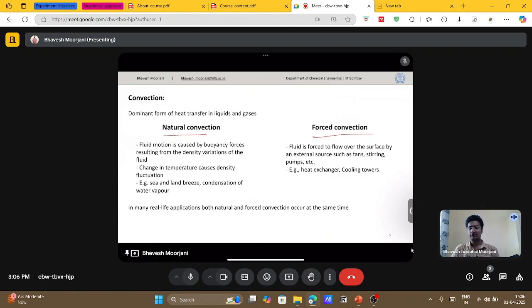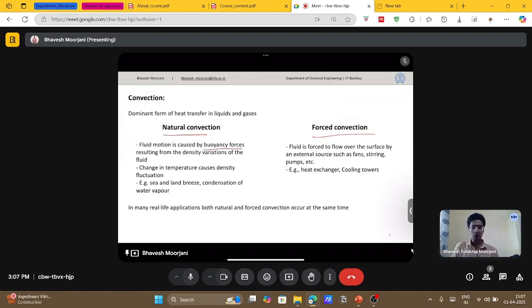So in natural convection, as its name says, the fluid motion occurs naturally, which is due to the differences caused by buoyancy forces and density variation, right? So consider an example that we have learned in our 11th and 12th science classes, right, that during the day air flows from the sea surface to the earth, right?